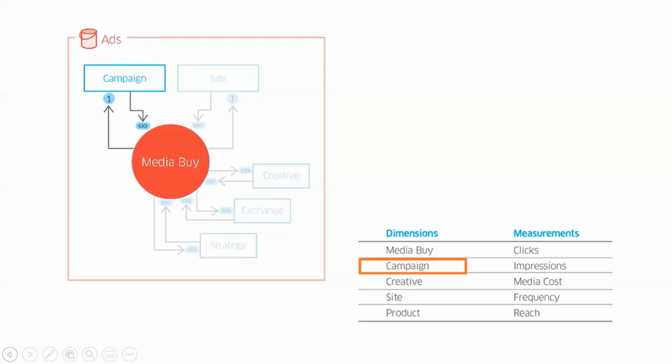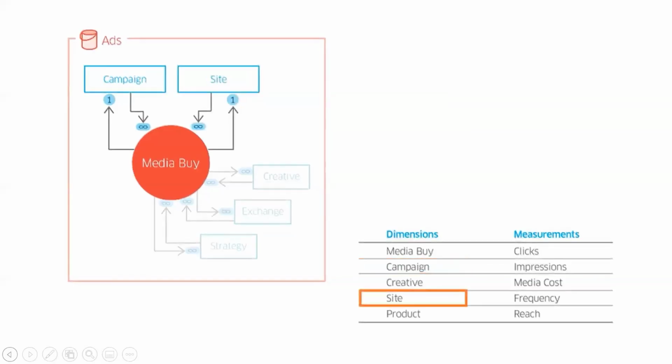So one campaign can get displayed in multiple media buys, but one media buy is attributed to only one campaign. Coming to site, one site can have multiple media buys. What was the site that we saw?